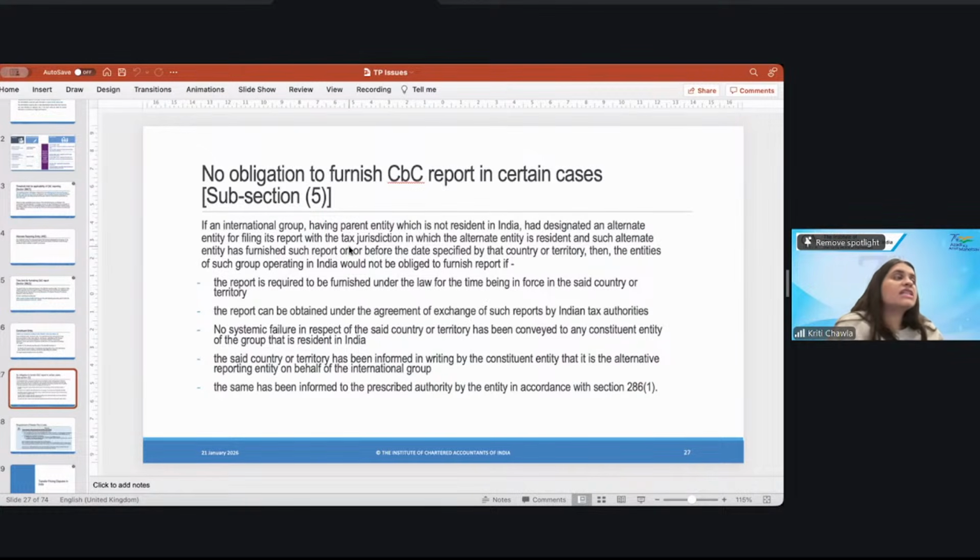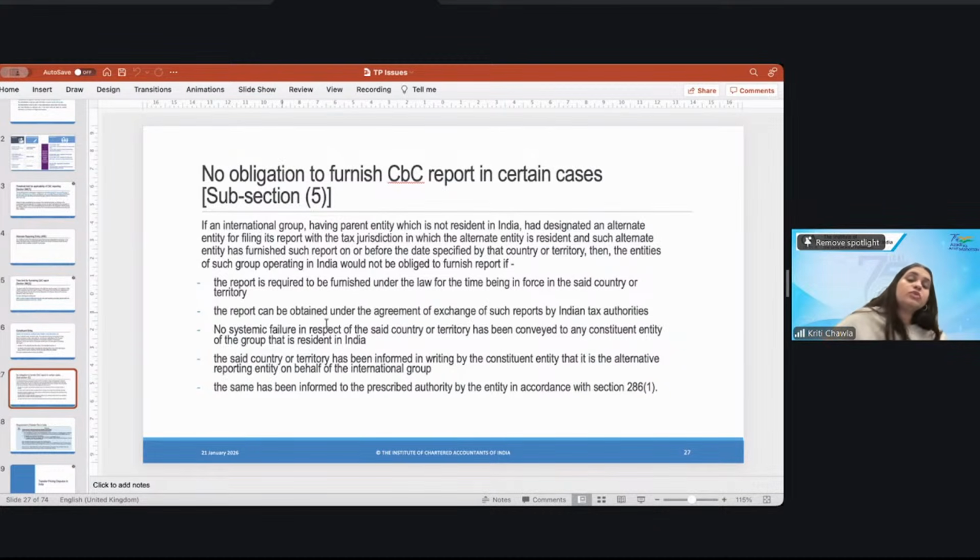But this is where they say that if there is an alternate reporting entity that is filing it somewhere else, and if India has an exchange agreement with them, then you don't have to file it in India. As long as India gets its information with respect to CbCR, it's absolutely fine. There is no obligation to actually furnish CbCR out there.